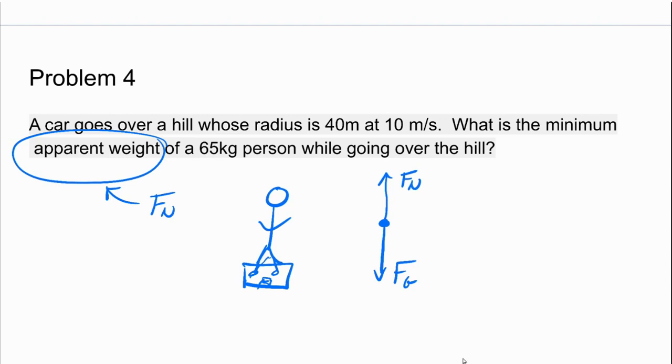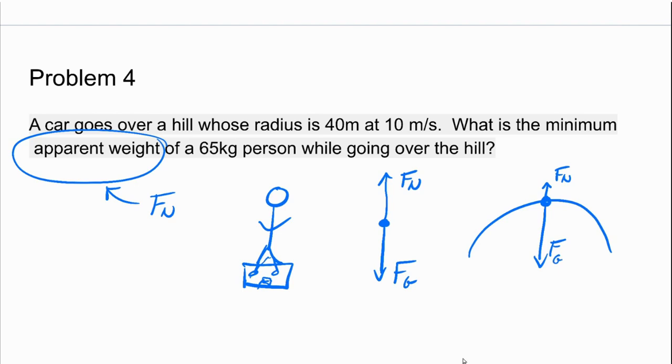And when your acceleration is 0, your normal force and your gravitational force will be the same. For problem 4, when you go over this circle at the top, your normal force will be smaller than your gravitational force because you're going to be accelerating towards the center of the circle, and the center of the circle is downwards.